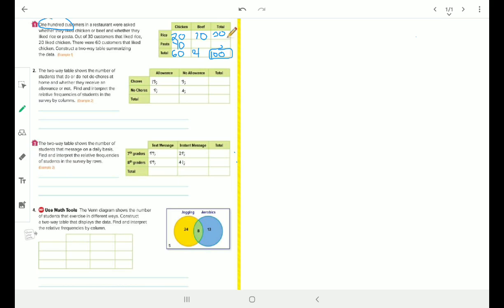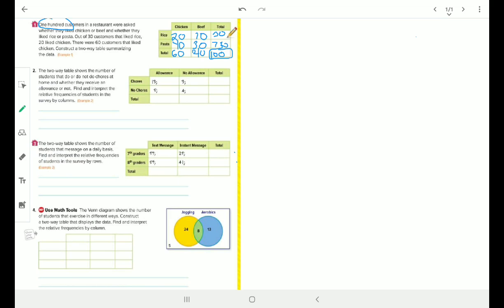Well, that has to be 40. And 30 plus what is 100? Well, that has to be 70. And then that helps us find our last box, which says 30 people like beef and pasta. So that's how we fill out and construct that two-way table to summarize the data. We don't have to explain anything there. We're just filling out the table.